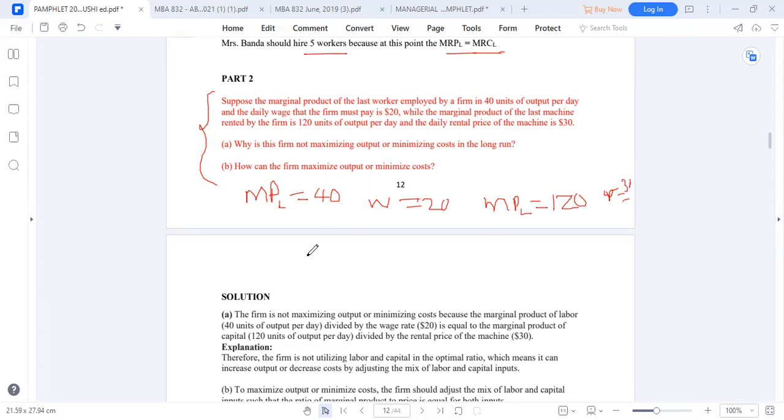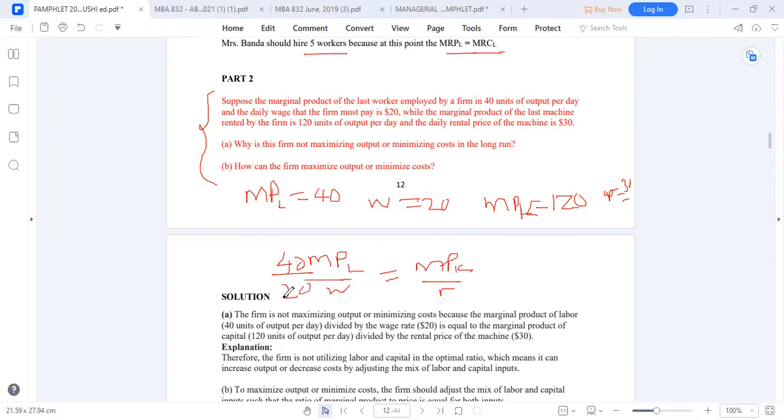So you must understand that the optimization bundle occurs when the marginal product of labor divided by the wage must be equal to the marginal product of capital divided by the rent. For us to be optimal, these must be the same. Here, the marginal product of labor for the last worker employed was 40, and the wage paid was 20.